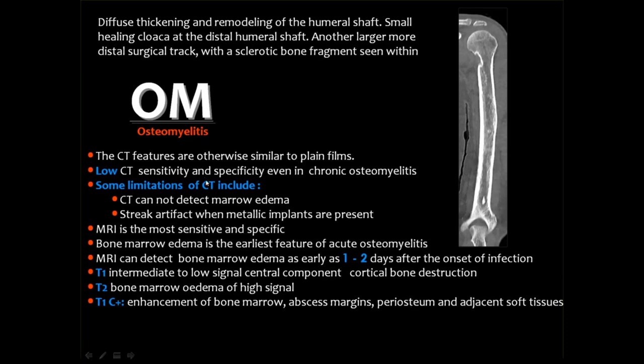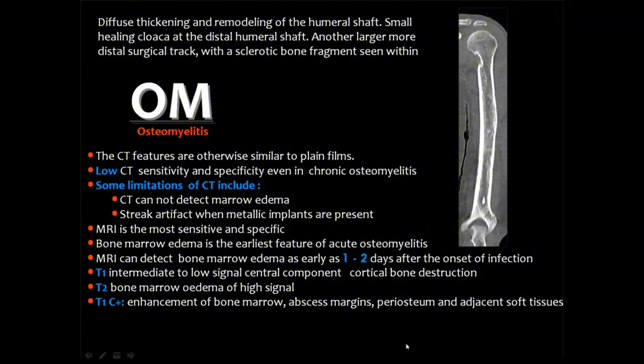Then the CT may have low sensitivity and specificity even in chronic cases, and the limitations of CT are mainly due to its inability to detect bone marrow edema, and sometimes you may get artifacts from metallic implants or some foreign bodies.